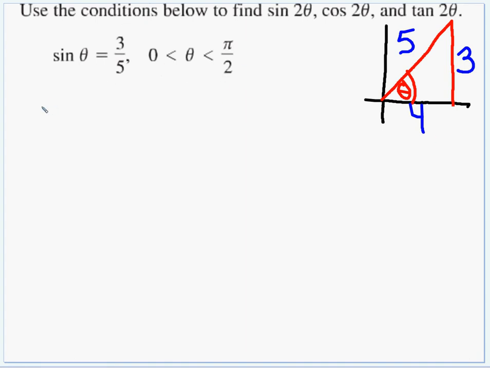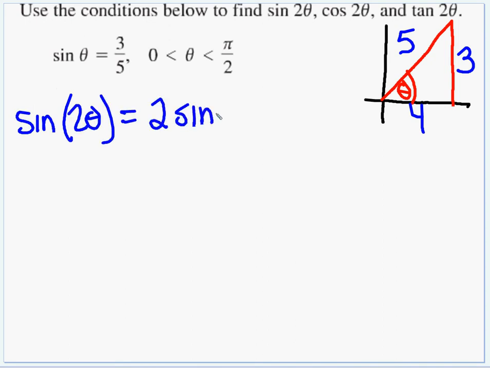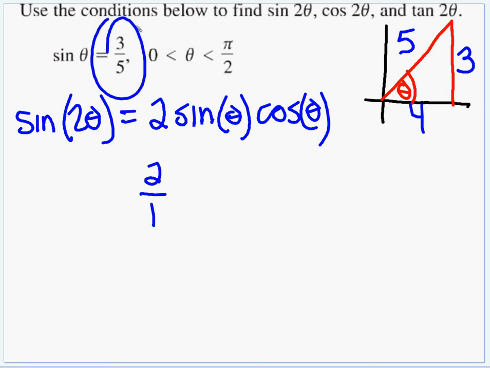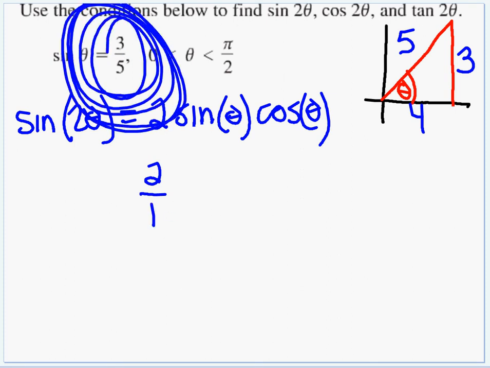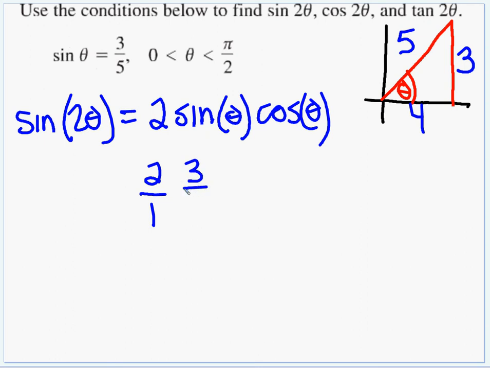Okay, let's start finding our doubles. The sine of the double is equal to 2 sine theta times cos theta. So 2 is 2 over 1. Sine is what they gave us, so that sine is 3/5. And we're going to multiply that by cos. Cos is adjacent over hypotenuse, 4/5.